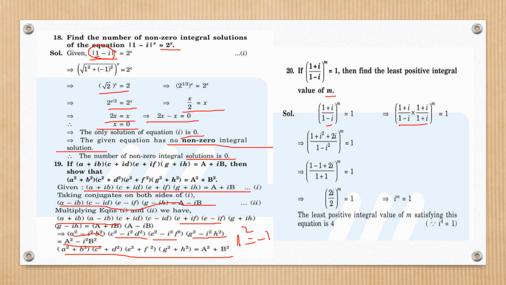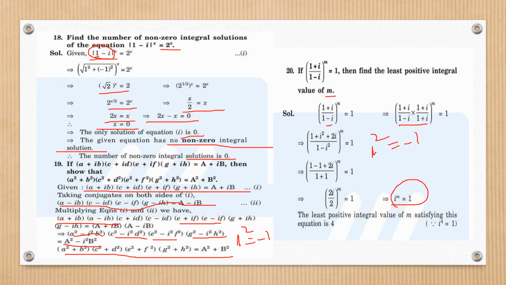So it becomes ((1 + i)² / (1 − i²))^m equal to 1, which is (1 + i² + 2i)/(1 + 1). Since i² is −1, the numerator just gives me 2i, and the denominator is 2, raised to power m is 1. So it becomes just i^m equal to 1. Now you know the properties of i, that i² is −1.